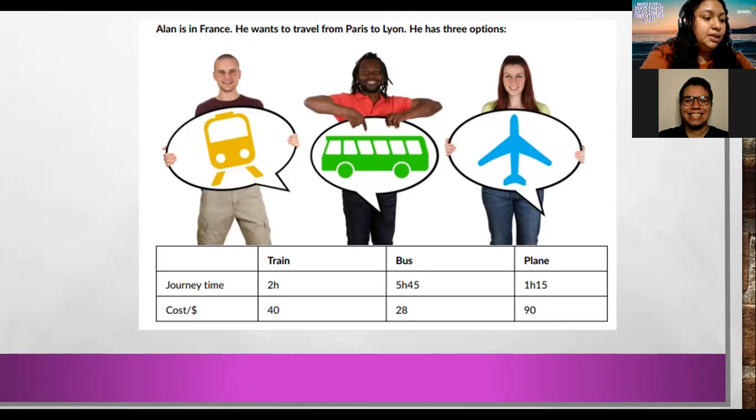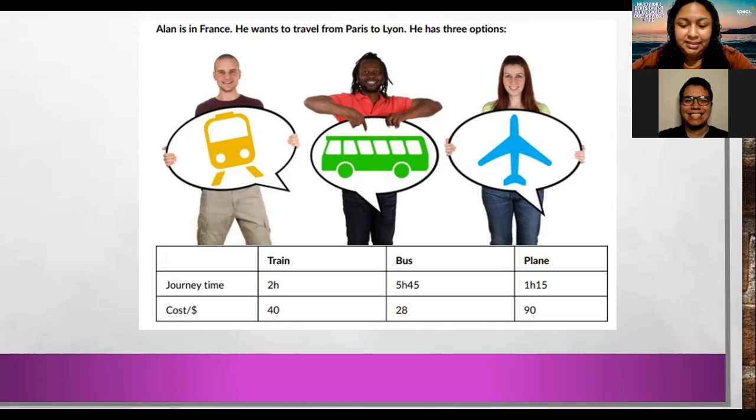Very good. What are the differences that we can see in the picture regarding the means of transportation? Time and cost. Very good. Which is the fastest? The plane. Why is it the fastest? Because it avoids all the traffic.